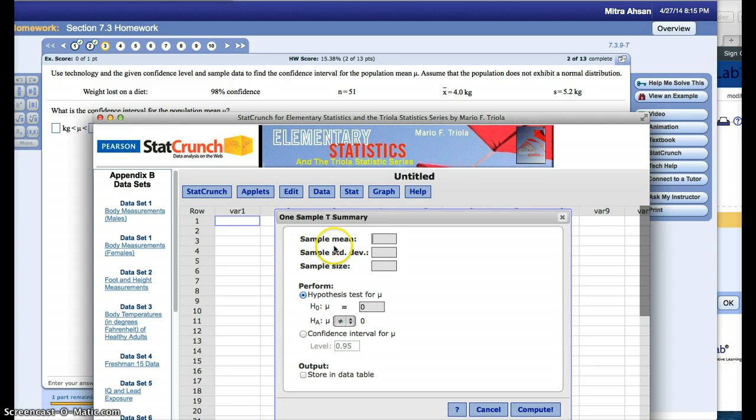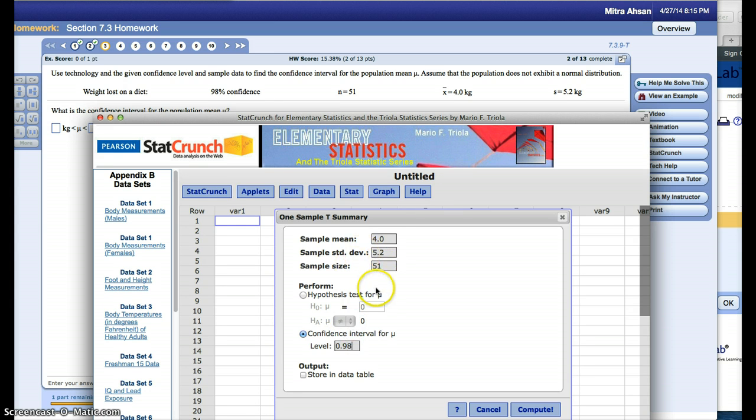The sample mean is 4 kilogram, so I'm going to put 4.0. And then sample standard deviation is 5.2. Sample size is 51. And here, instead of hypothesis test, I need confidence interval. Make sure you click on that. 98%, so I change this one to 0.98.